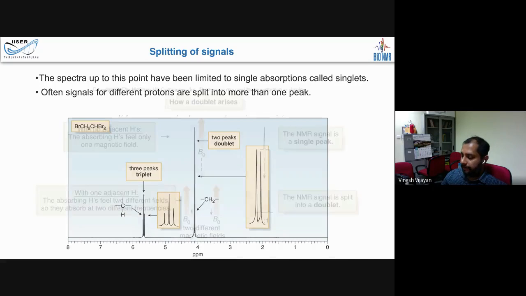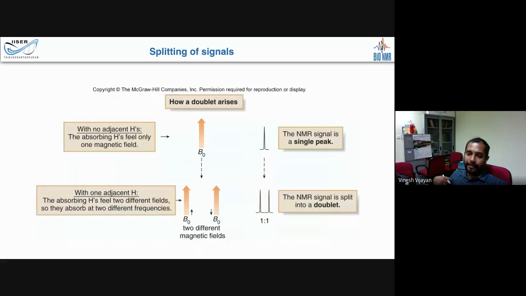Okay, so how does it arise? This mainly arises because of this. For example, you are applying a magnetic field, the B0 field. Now, if the other guy, the coupled partner, is in the same direction, that means if it is up state, that is going to influence. That is giving you a more favorable line width, so it is going to reduce your energy value. But if the other coupled partner's spin state is minus half, that is going to oppose your applied magnetic field.